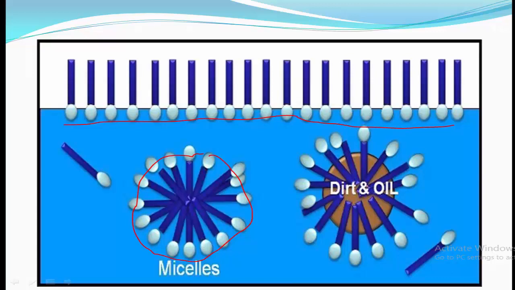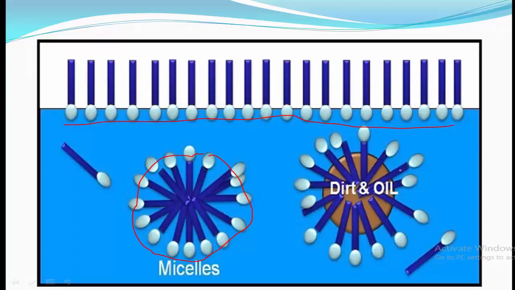And hence they try to attract the oil particles towards it, and when you rub the cloth which is dipped in the water, upon rubbing, the oil particles will come along with the hydrophobic part of these micelles, and hence these oil droplets will remain in water and the cloth gets cleaned.